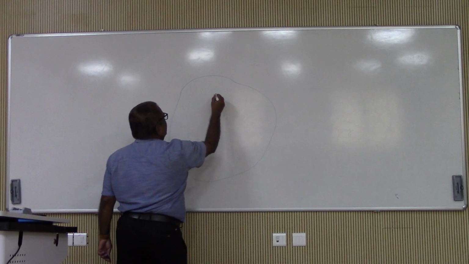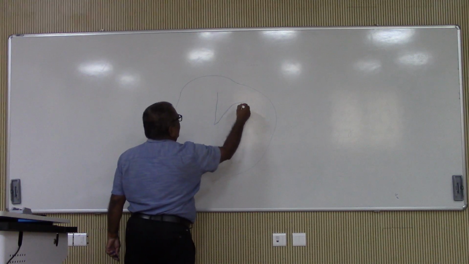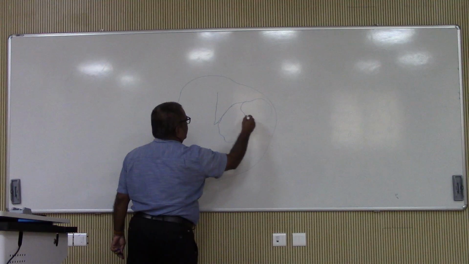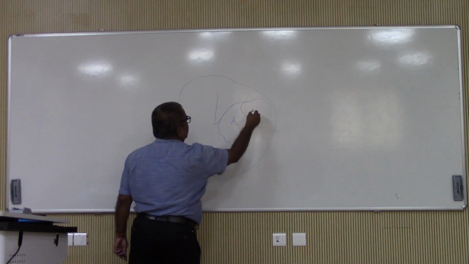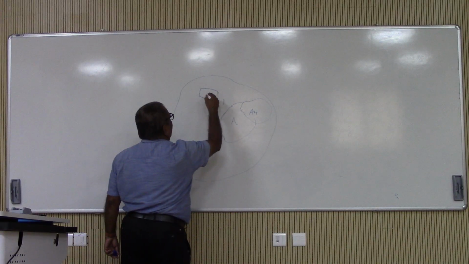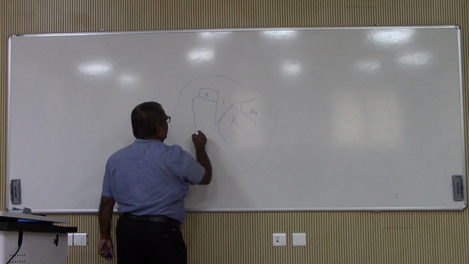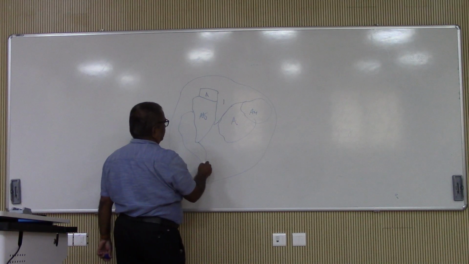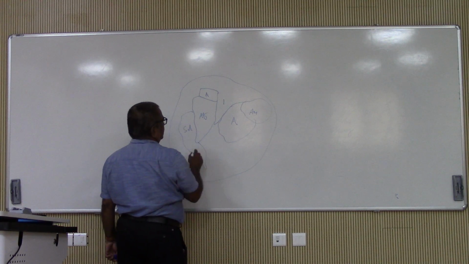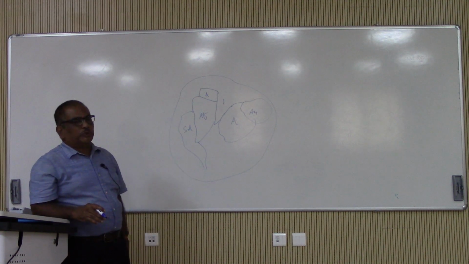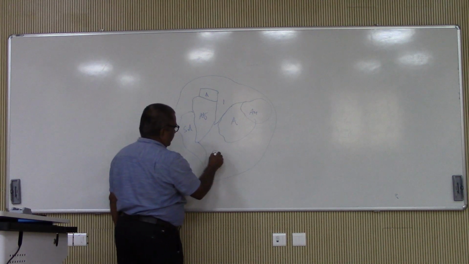There was India, Australia was here, Antarctica was here, Australia, India, this side was Arab, this side was Africa, then this side was South America. So like this, you know, it was forming a large landmass, which is known as Gondwana supercontinent.